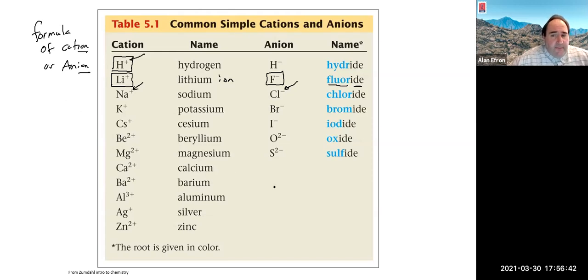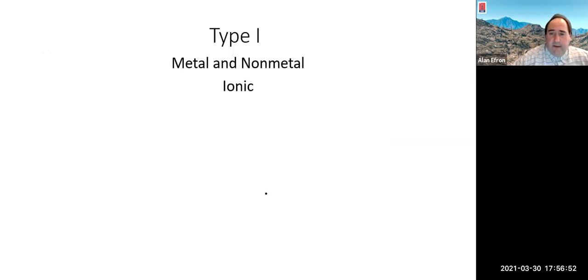In terms of when we do put them together, there's always an order in which you want to put them together, and we'll talk about that right now. Let's talk about the first type of ionic compounds. These are sometimes referred to as type 1 compounds, which are ionic compounds where, as we've been talking about, a transfer of electrons happens between a metal and a non-metal.